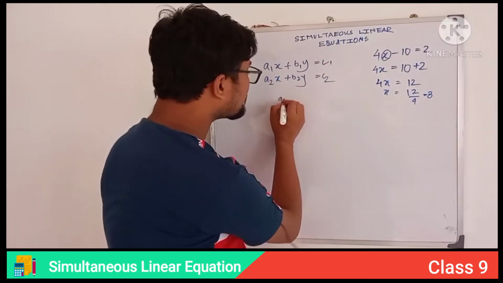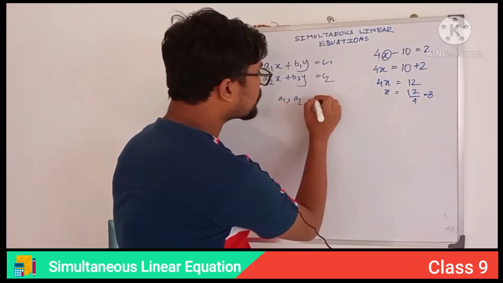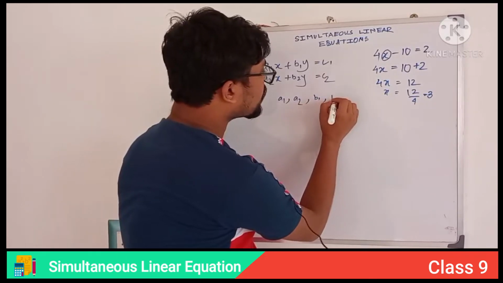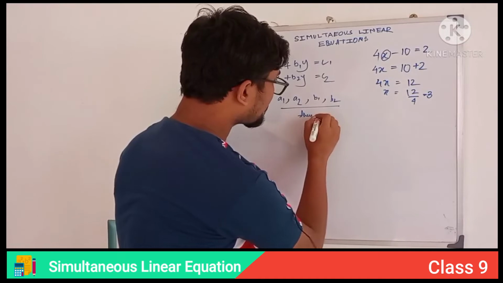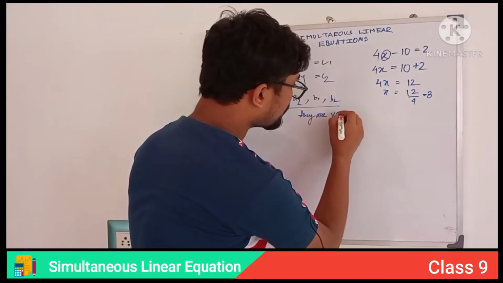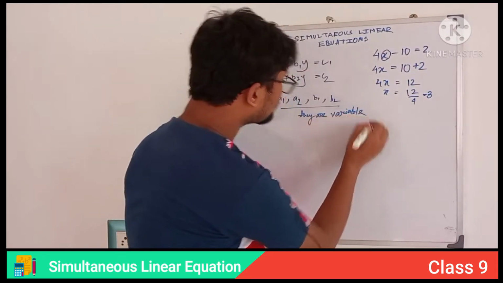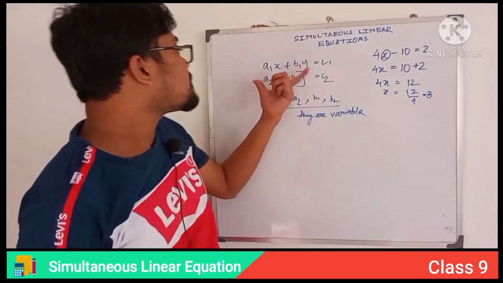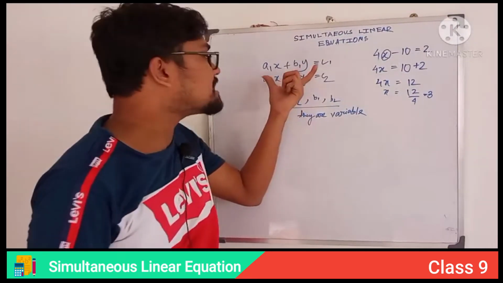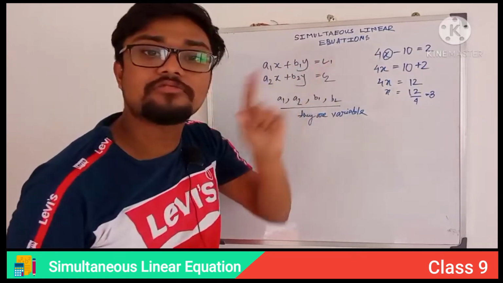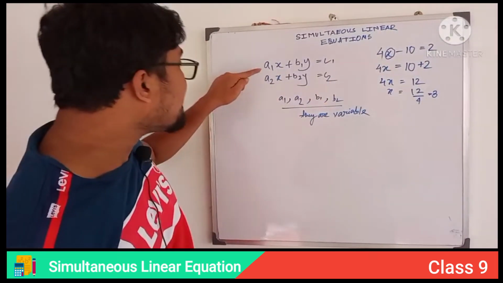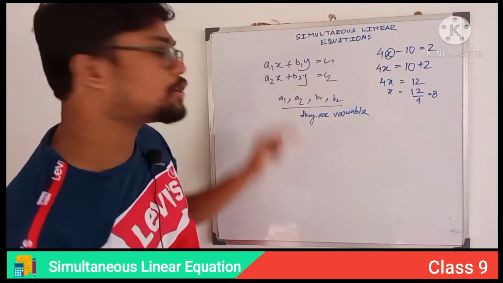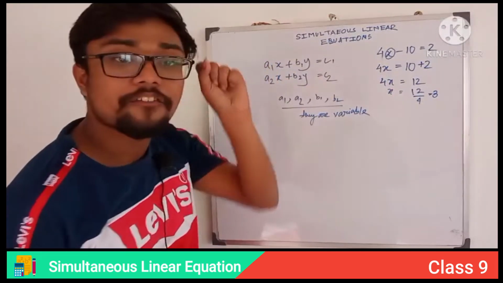Here a1, a2, b1, b2 are constants. So I repeat again, the two equations are a1x plus b1y equal to c1, and a2x plus b2y equal to c2.